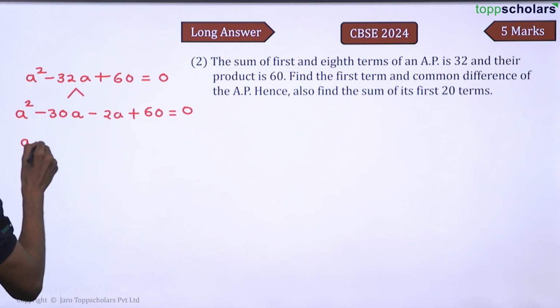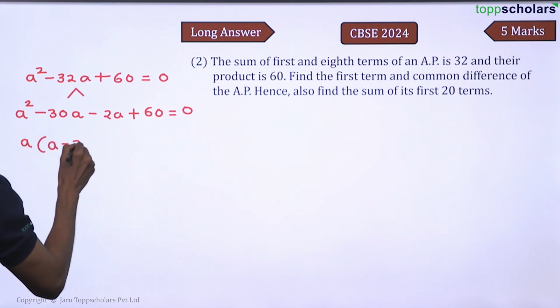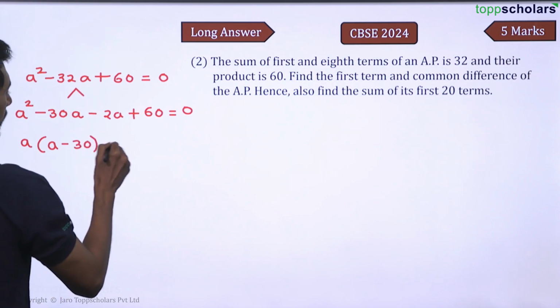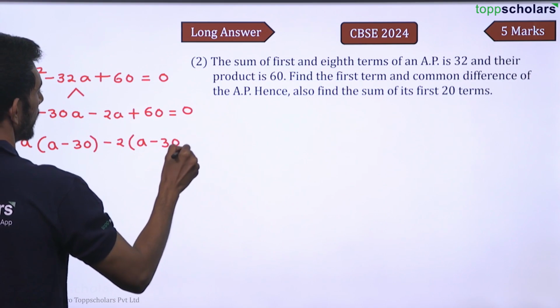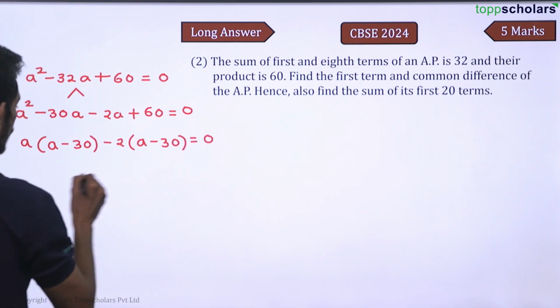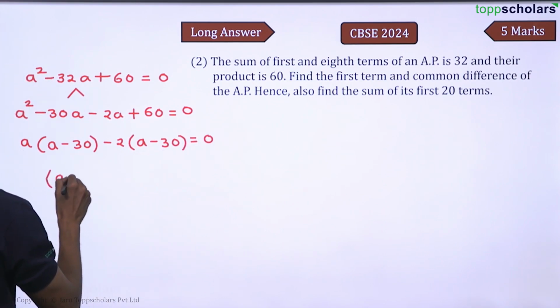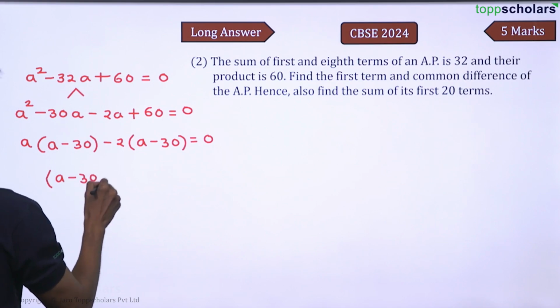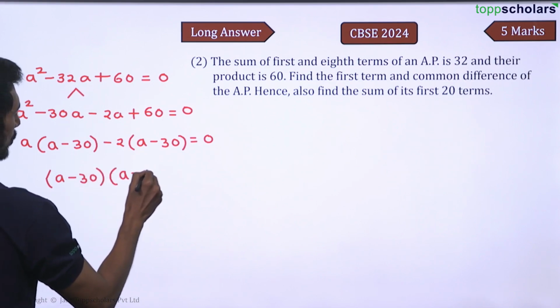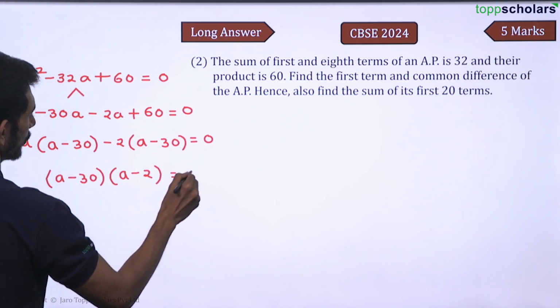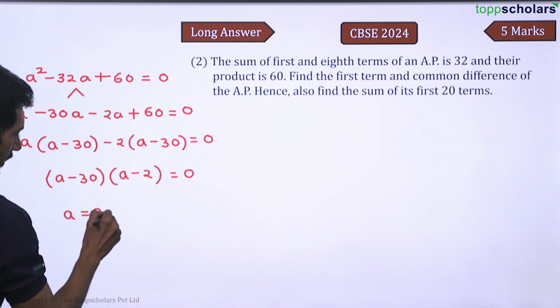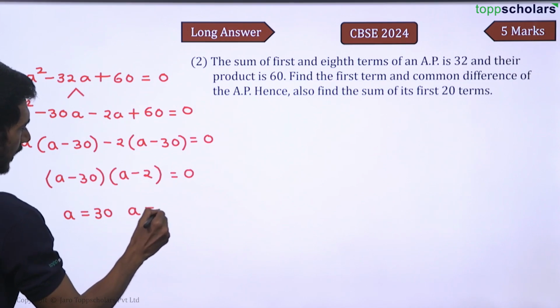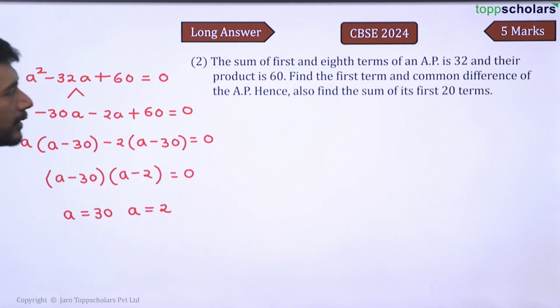So this becomes A minus 30 times A minus 2 is equal to 0. You get two values of A, so A is equal to 30 or A is equal to 2.